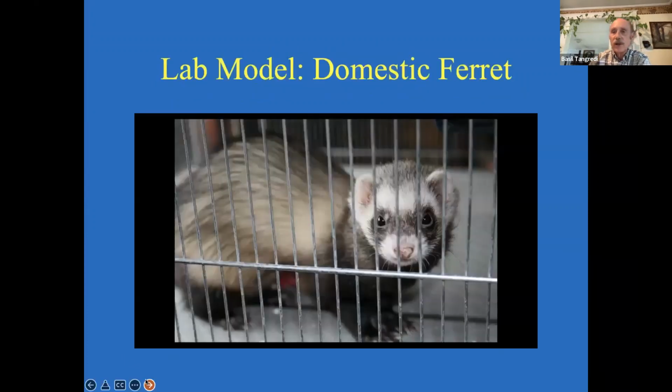Interestingly, the domestic ferret is the laboratory model for the study of influenza viruses, because the receptors on their cells really fit the key for a lot of the hemagglutinins, especially the ones that infect humans.